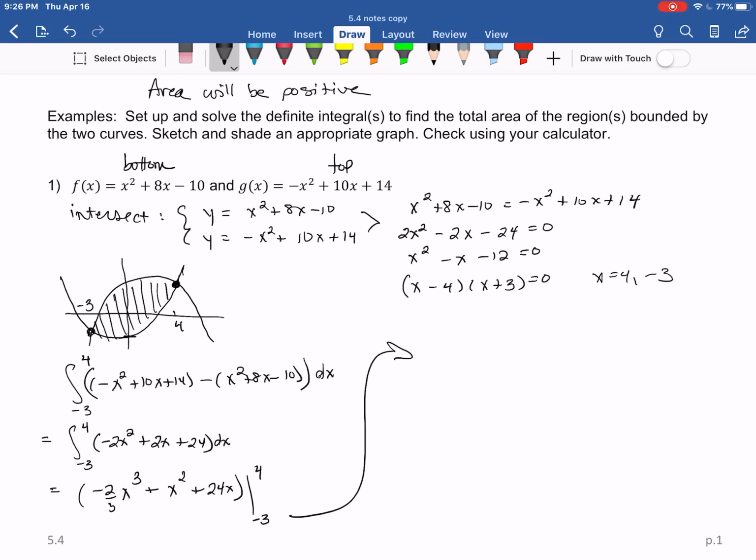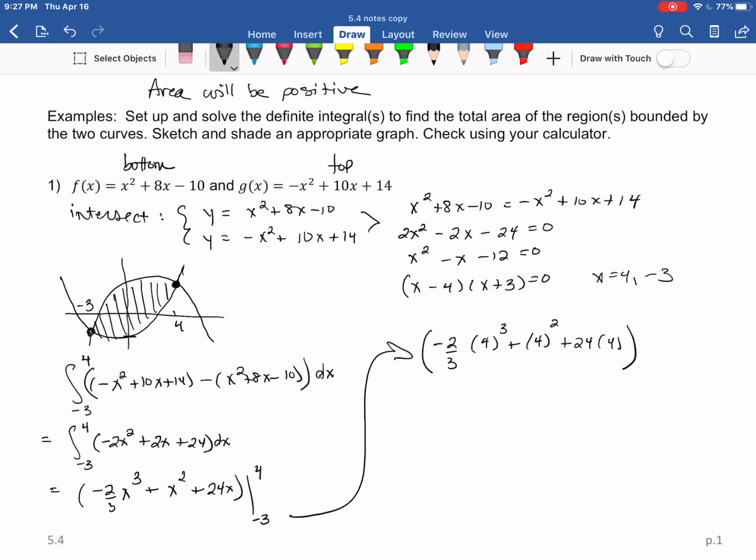And when you evaluate this definite integral, you're going to put the top bound in, minus the lower bound. So upper bound minus the lower bound. Let's do it more specifically. Negative 2/3 times 4 cubed plus 4 squared plus 24 times 4.